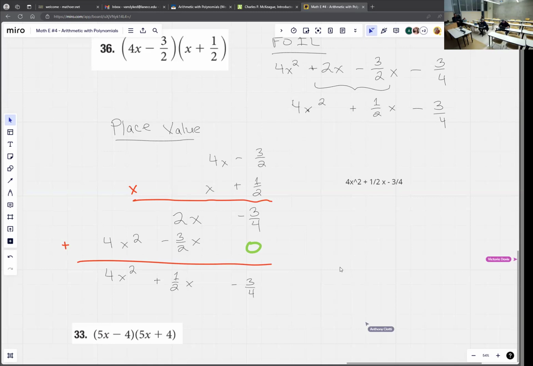If you're on Zoom, do a thumbs up emote or type something in chat so I know that you have finished multiplying these out and we can move on. That works too, but you can raise your hand, that's fine.